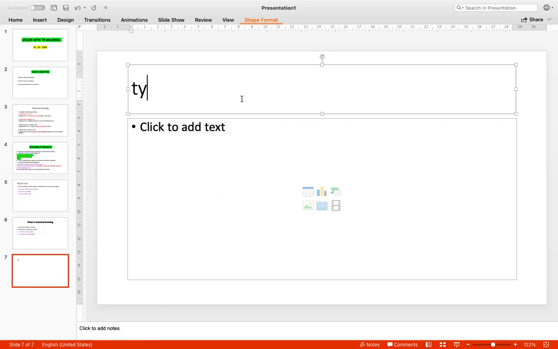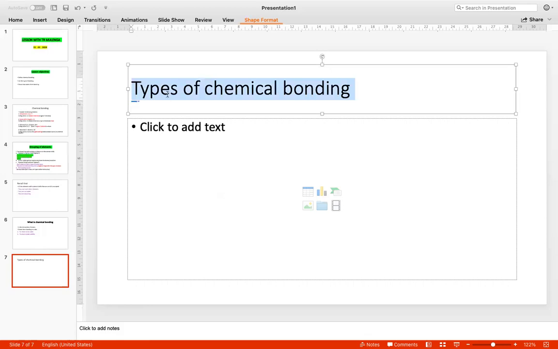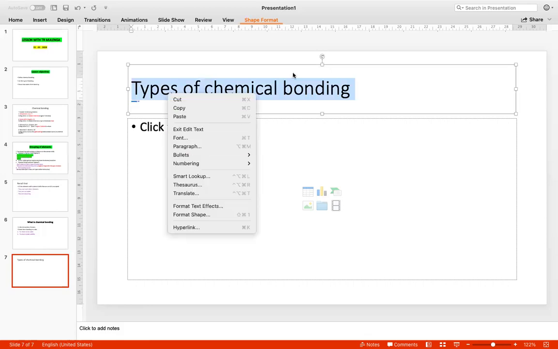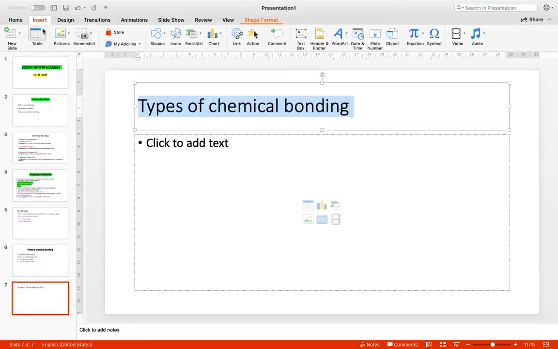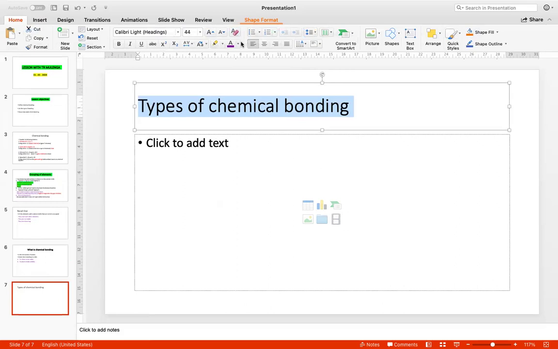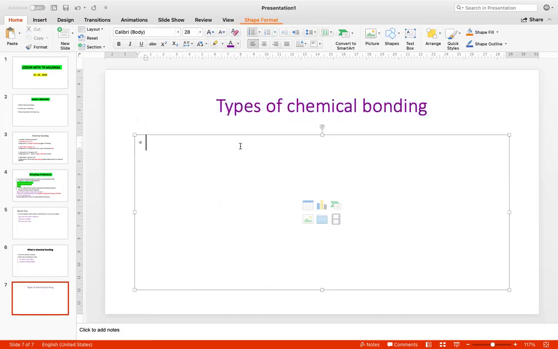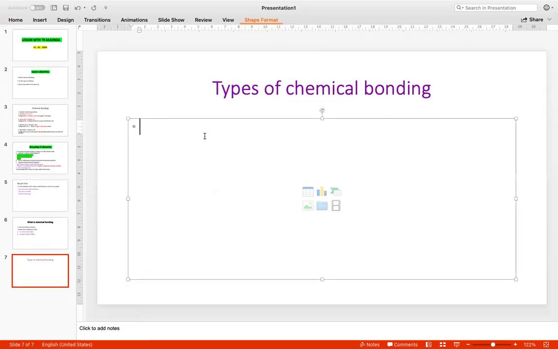So let's look at the types of chemical bonding.